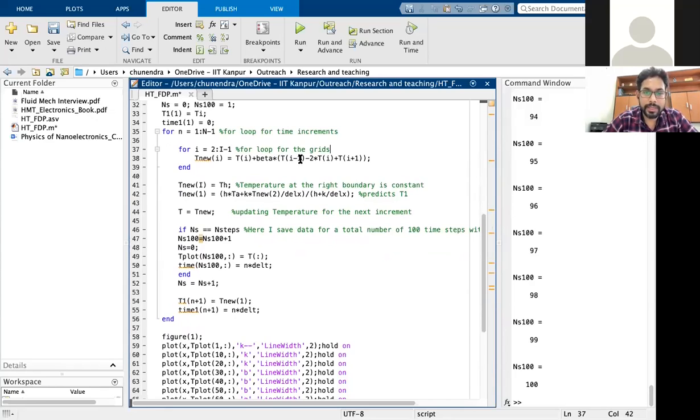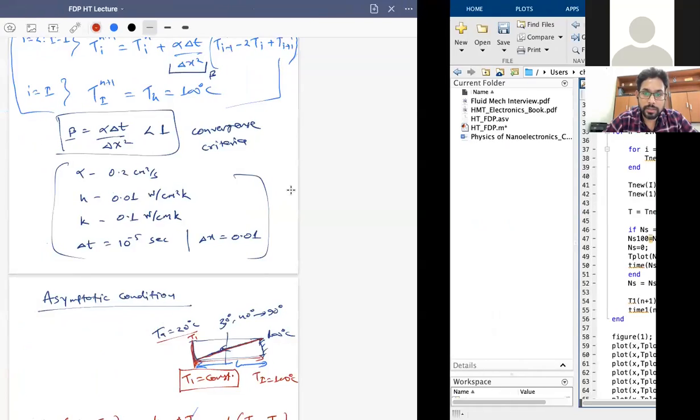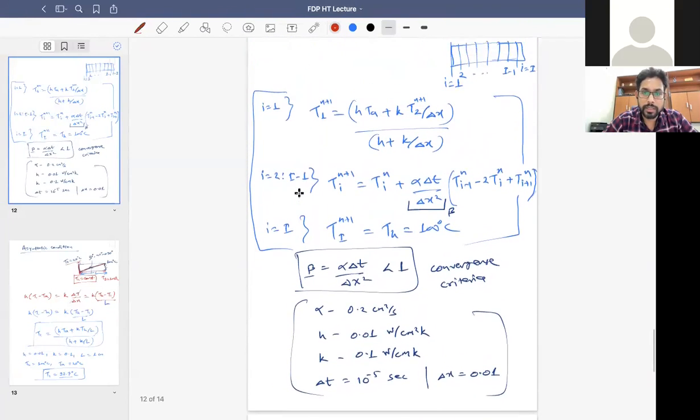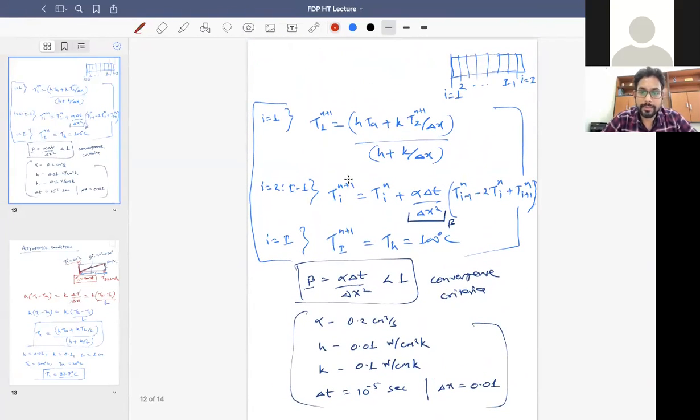And this is the equation that we are trying to solve. So you remember we have 3 different equations. Let me come here, and that will make it easy. You can see this. We have separate conditions, right? Different conditions for I equal to 1, then 2 to I minus 1, and then capital I. And we will define these 3 separately.